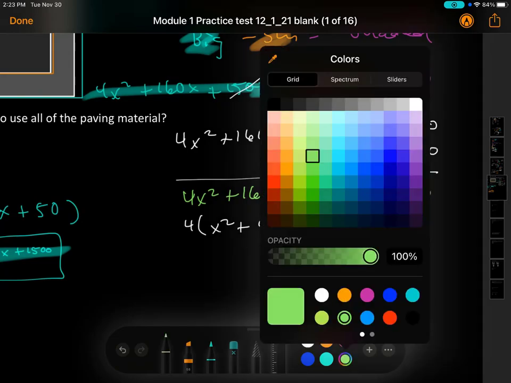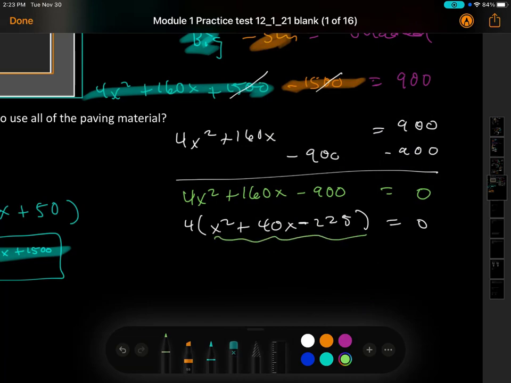And then, if I factor this one, 45 and 5. So that is my answer there.